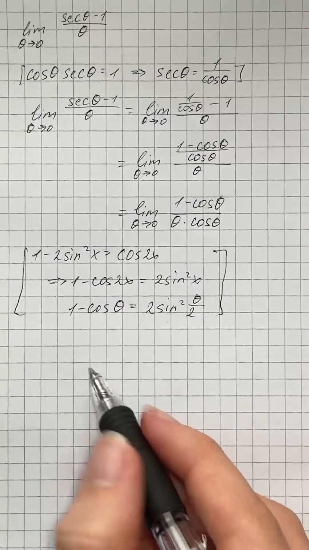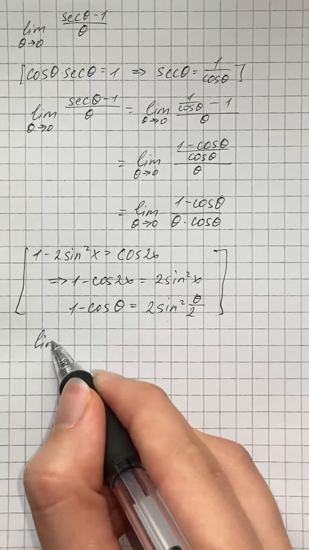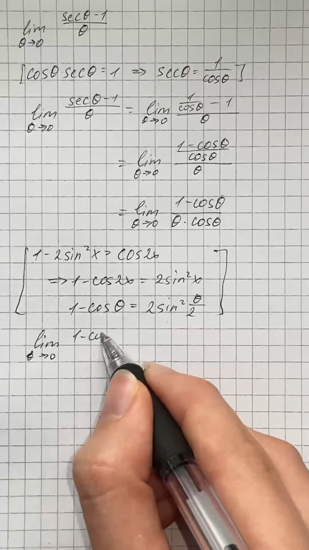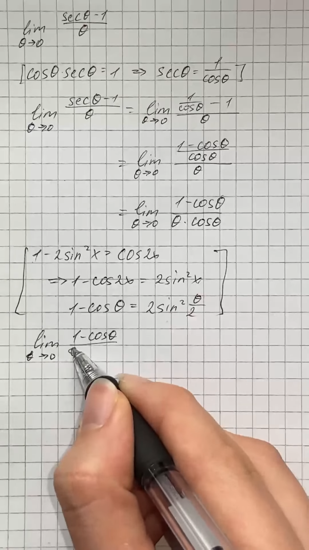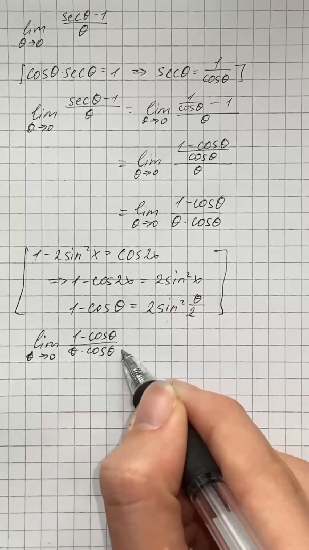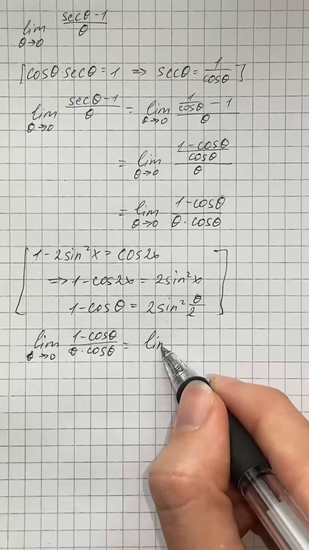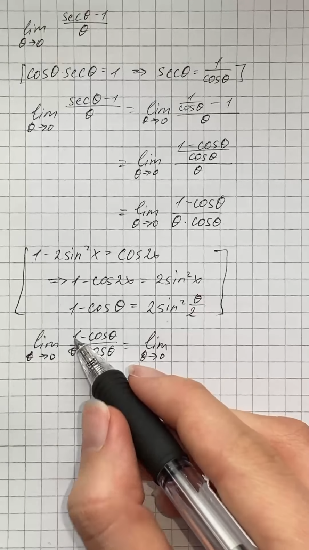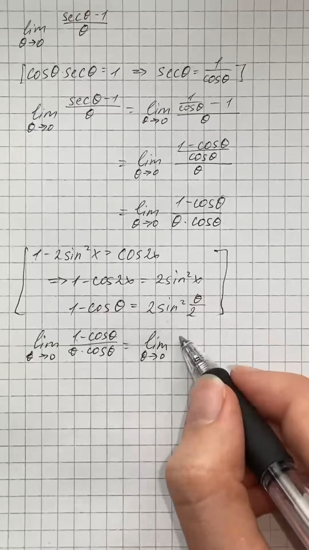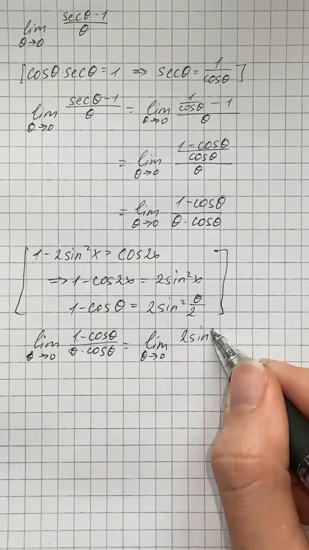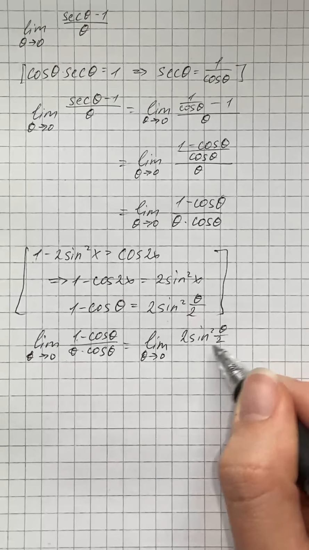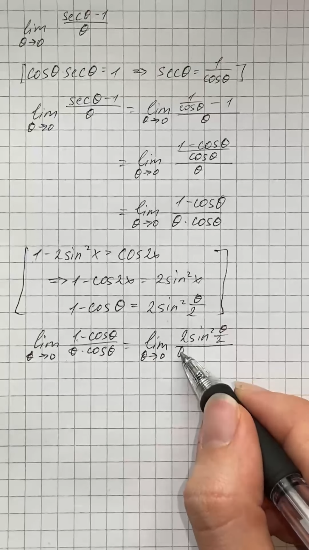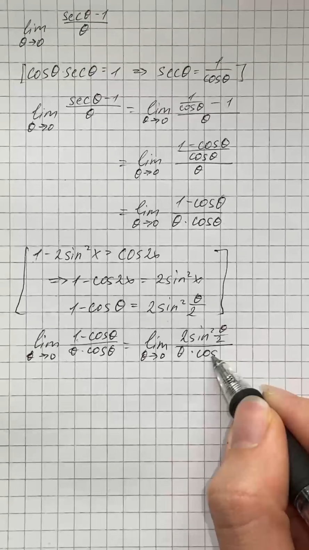Now we're going to use that, so we get the limit as theta approaches 0 of 1 minus cosine of theta over theta times cosine of theta equals the limit as theta approaches 0 of, we substitute 1 minus cosine of theta with 2 sine squared of theta over 2. And in the denominator we have theta times cosine of theta.